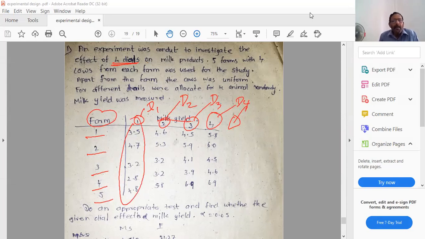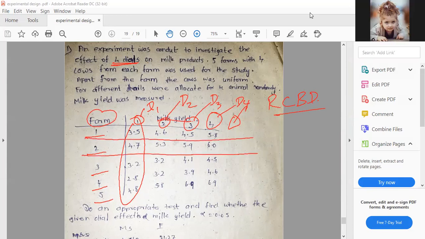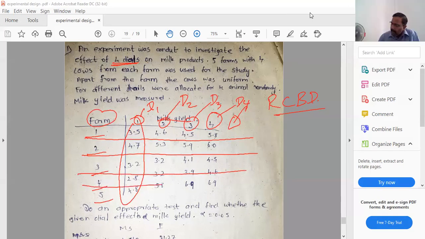Now, can you tell me what is the block? This is RCBD, so what is the block? Farm is the block. Yes, this is the block. So this is block 1, block 2, and block 3.